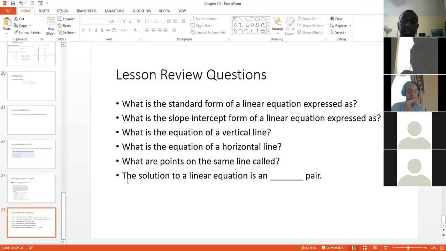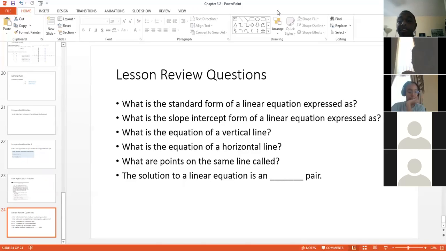Okay. The solution to a linear equation is an n what pair? Blank pair. So what goes inside the blank? You can put it inside the chat. Solution to a linear equation is a blank pair. Anyone in the chat? Coordinate points.